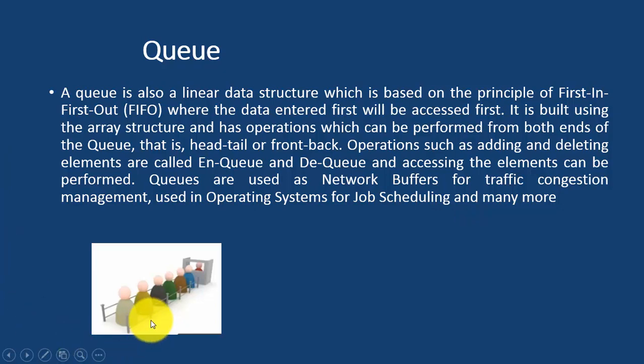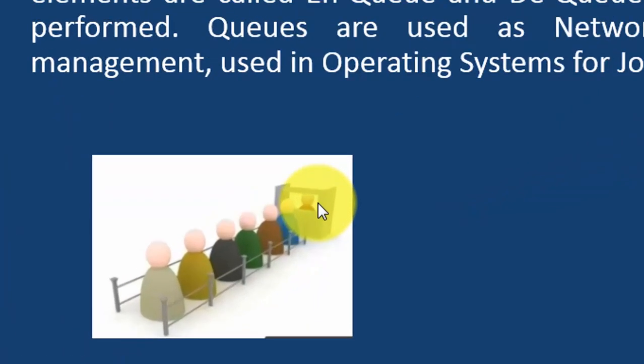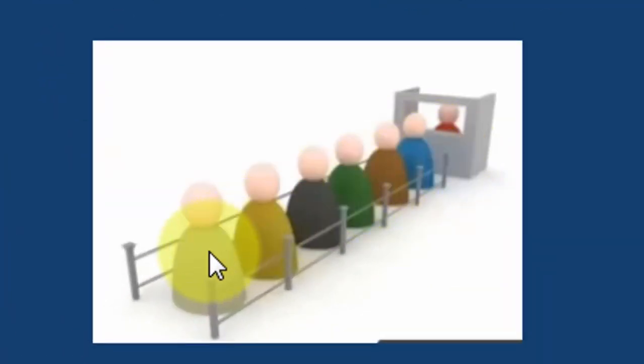In this example you can see a ticket counter and persons standing in the queue. The first person will do his work first, then the second, then the third, then the fourth. So this is called a queue.